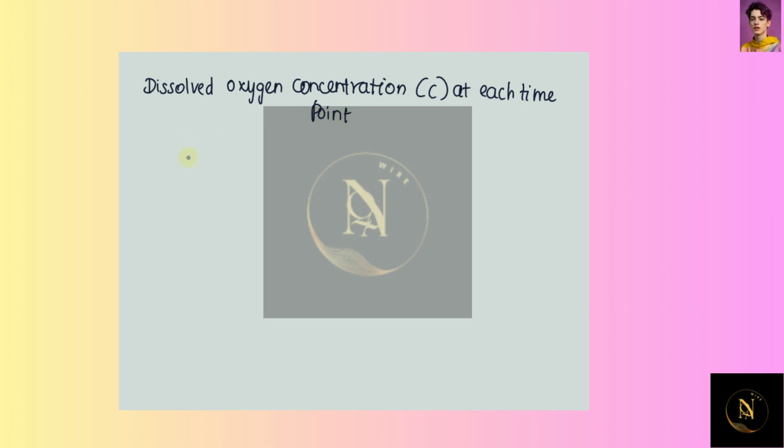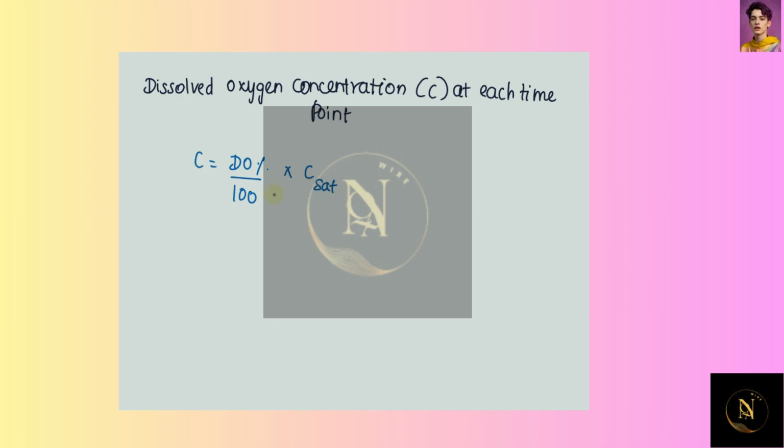The formula for this is capital C is equal to DO percentage divided by 100 times C sat, where C sat is the saturation concentration of oxygen in the water. We can assume that the experiment is conducted at 25 degrees Celsius and 1 atm pressure.